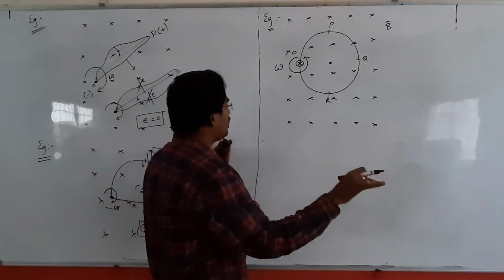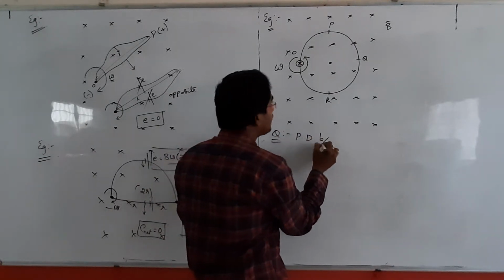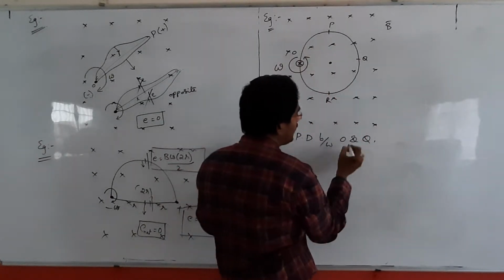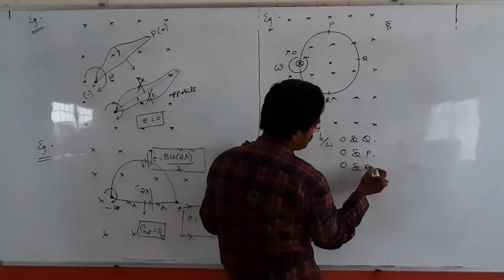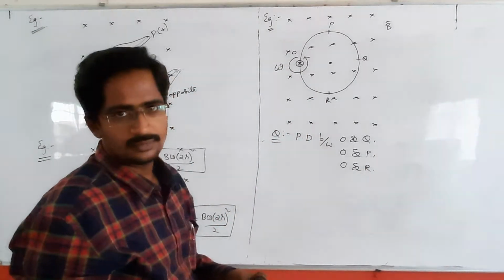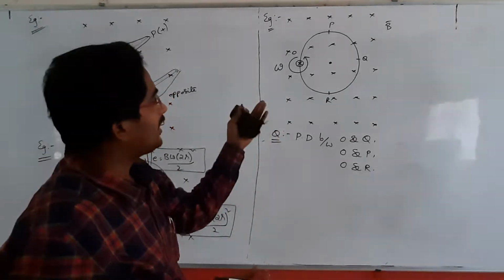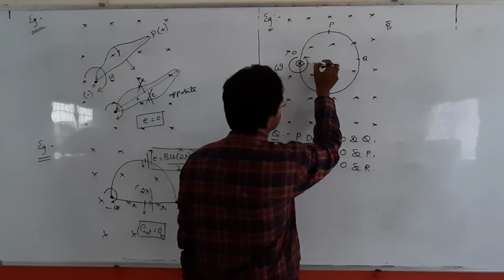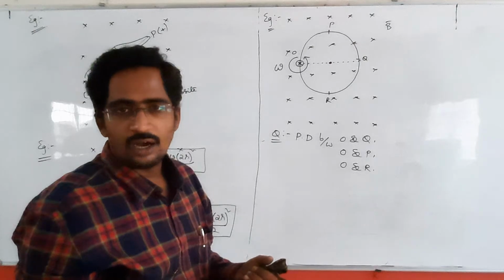First of all, I want to find out the induced EMF or potential difference between O and Q, O and P, O and R. Across them I want to find the potential difference. How to find that? Very simple. First, take OQ, which we treat as a rod of length 2r.